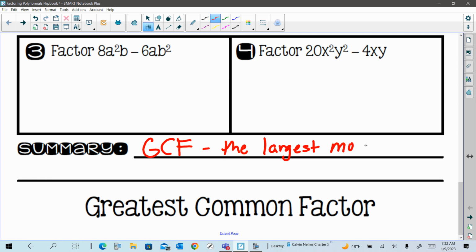When I'm talking about a monomial, I can be talking about a number, or a letter, or a combination of two. But it's just one term that divides each term.